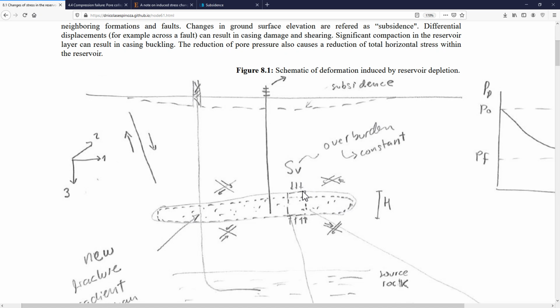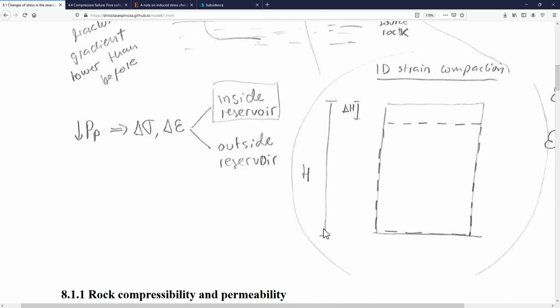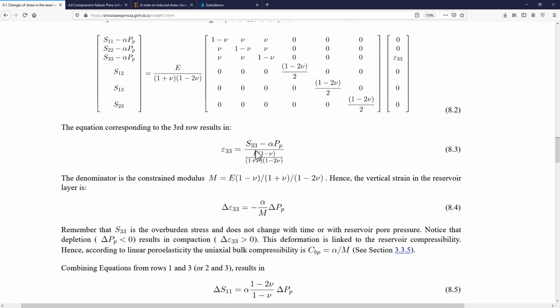And that's a good assumption, especially if your cap rock is relatively soft, so it cannot take any stresses as this material in the reservoir deforms. Just to simplify this equation, we're going to assume that the total vertical stress is not going to change. And remember, this is just the total vertical stress. Therefore, in this equation, S33 is going to be a constant.